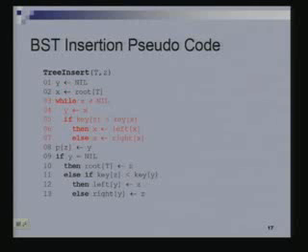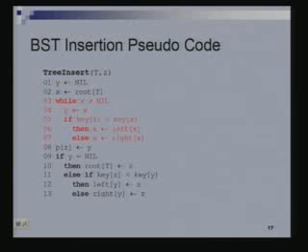We'll have 2 pointers X and Y, such that Y will be preceding X. So these 2 pointers will keep moving down, right? Such that Y will always be the parent of X. Right? So that's what we are doing.